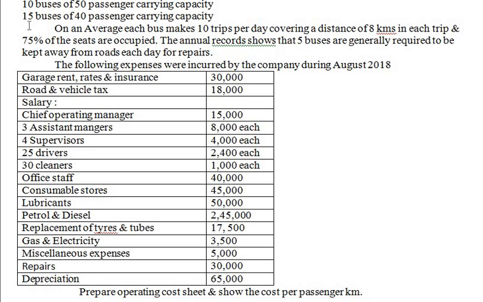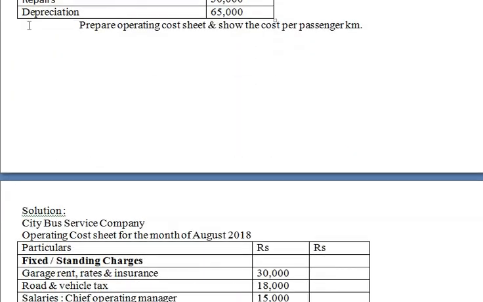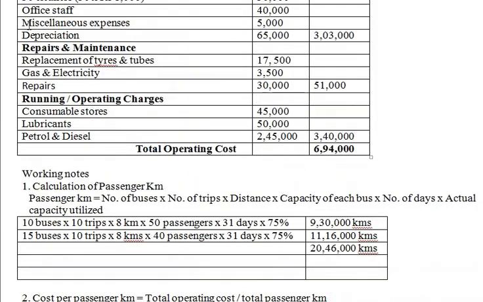So out of 25 buses, every day 5 buses are kept for repairs, or it can be for maintenance as well. Now whatever kilometers we have calculated over here, this is for 25 buses. Now from this we have to deduct expenses of 5 buses, because each day they are keeping 5 buses away from the road or from the transportation.